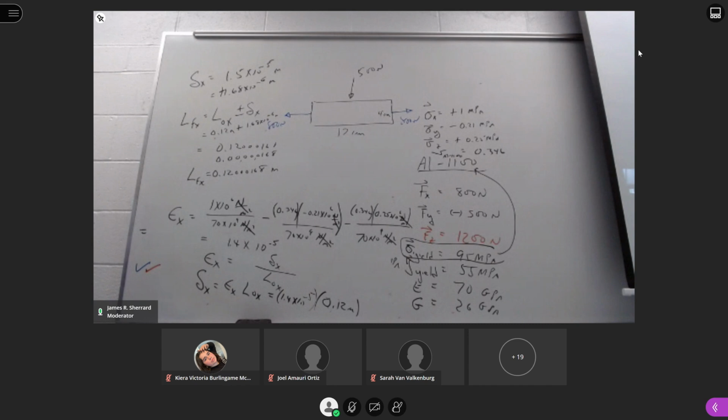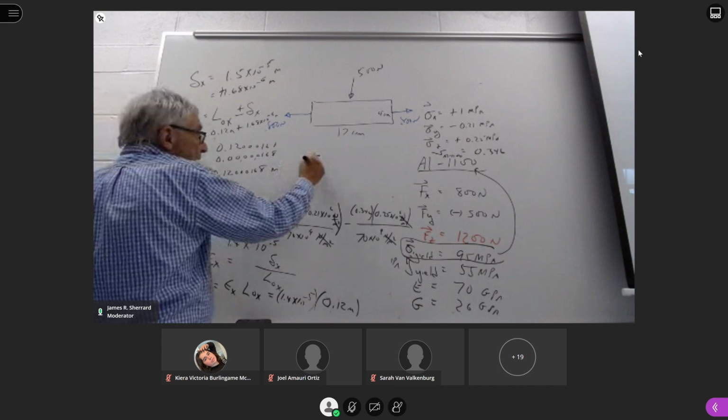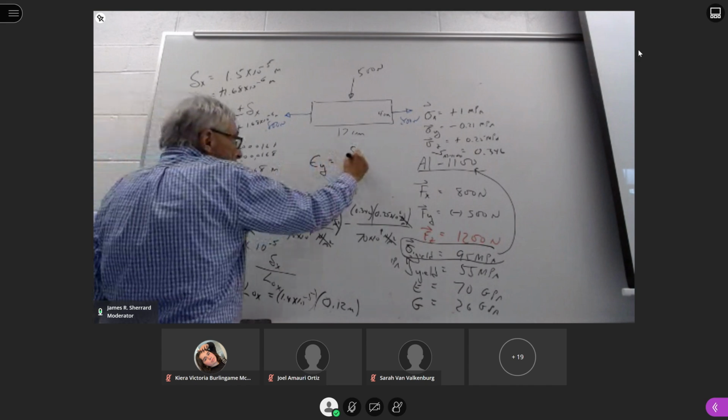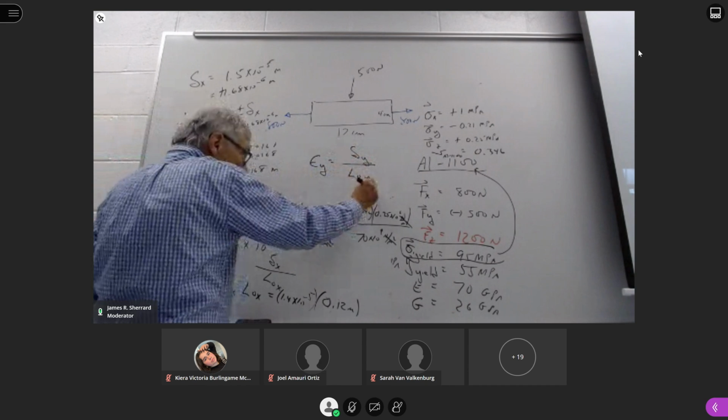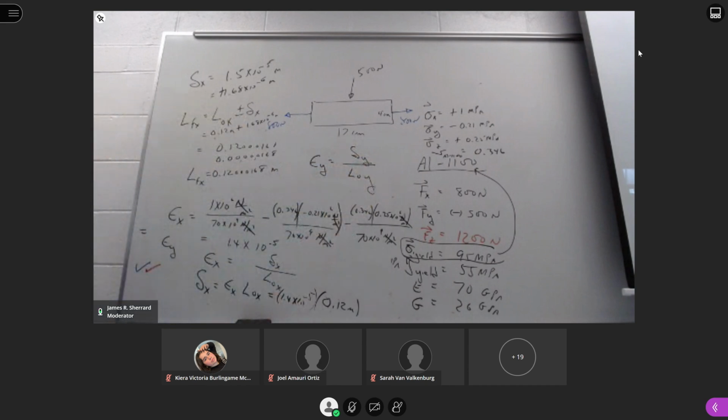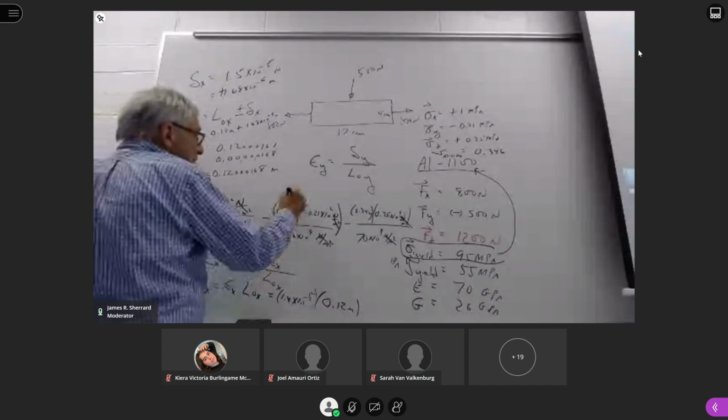We could go back and do the same thing and calculate for y. Realize that the strain in y is deformation in the y direction divided by the original length in the y direction. And then go back and use that.